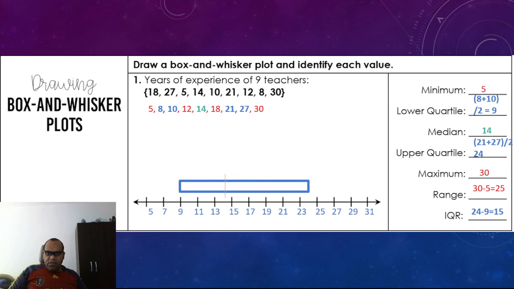One goes from 5, connecting to the box. And I have another line here. This line goes to 30, my maximum number.